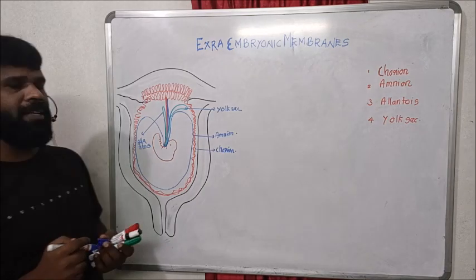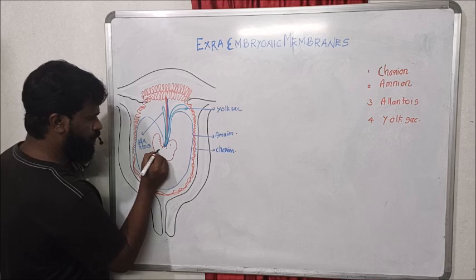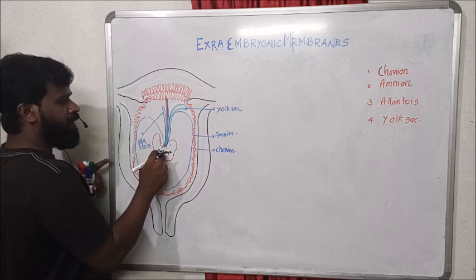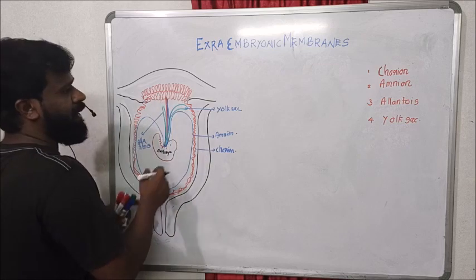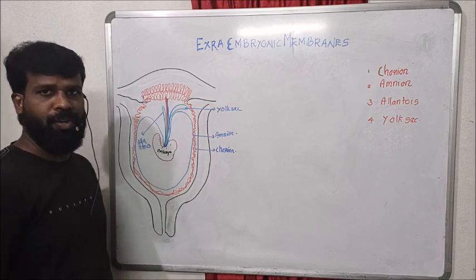These are the four extraembryonic membranes around the embryo. So this one is embryo. These membranes are surrounded by this membrane, a membrane outside the embryo, the extraembryonic membranes.